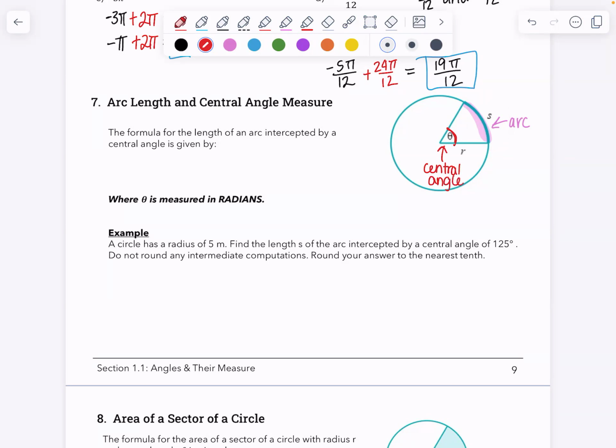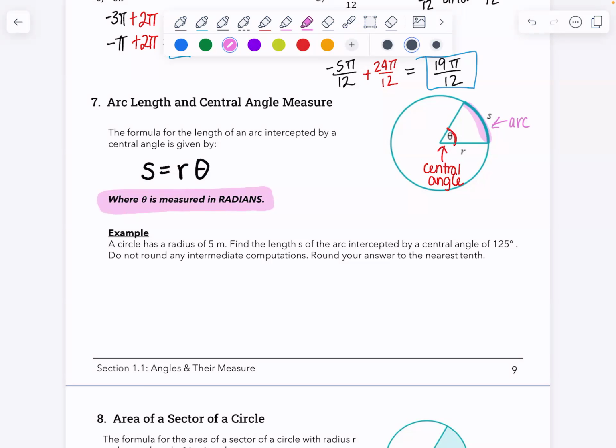There's a formula for finding arc length, and the formula is S is equal to R times theta, where, and this is important, theta is measured in radians. The formula is different if theta is measured in degrees, so I'm only going to give you the formula if it's measured in radians.